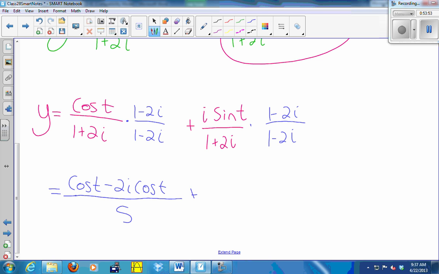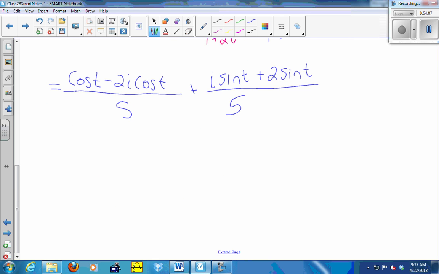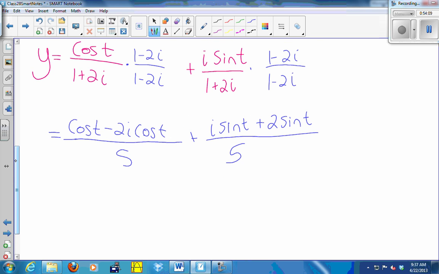Plus i sine t minus 2i squared sine t, which is really plus 2 sine t, over 5. I can add the tops because my denominators are the same, and I'm going to collect real parts and imaginary parts.